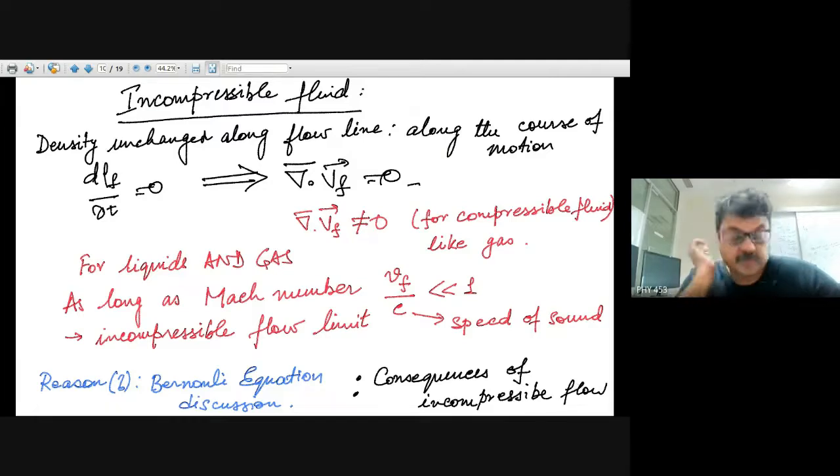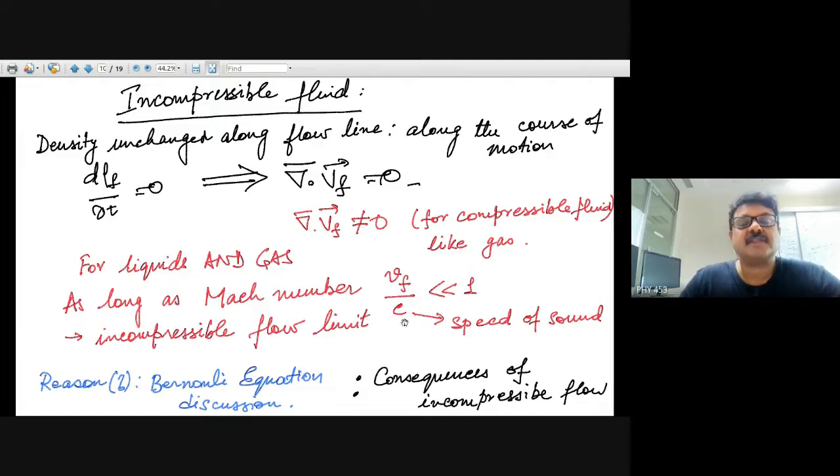Now you know that gas is of course compressible, and liquids are also very slightly compressible. If you give a huge amount of stress, you can compress a liquid, but we'll show you later in the course that as long as the velocity of the fluid divided by the velocity of sound in the fluid.